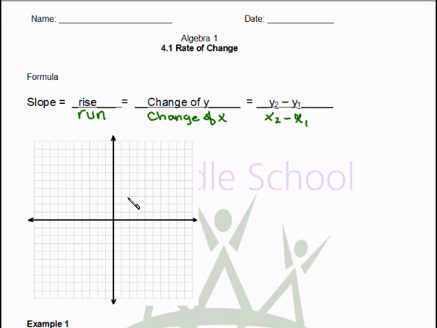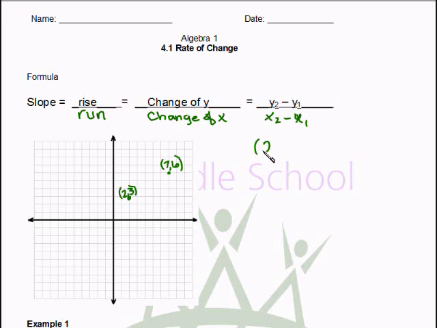So when we take a look at a point, this would be 1, 2, 3. So this point would be 2, 3, and this point would be 1, 2, 3, 4, 5, 6, 7 and 1, 2, 3, 4, 5, 6, which would be 7, 6.